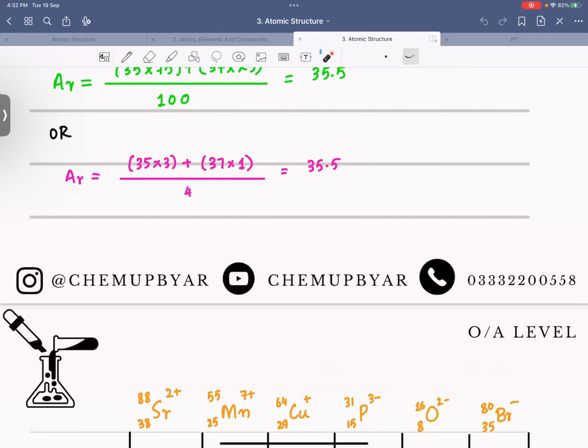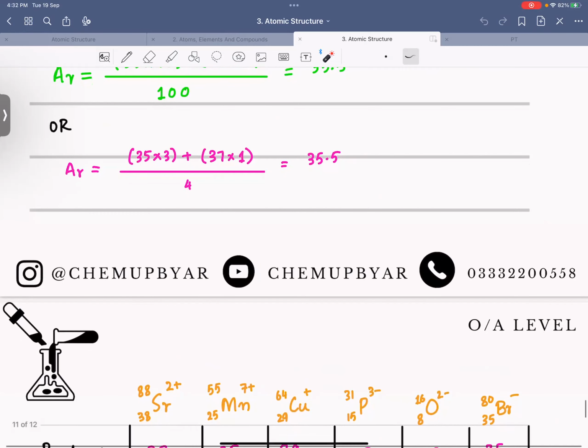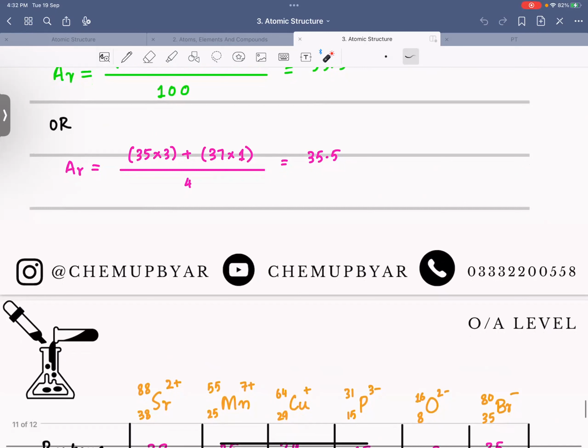So how many protons does this Sr have? Yes, 38, because the smaller value is 38, which means there are 38 protons. Then how many electrons would it have? 36, less. So it means 36. Understood? Okay. If there is a negative charge, then what does it indicate?